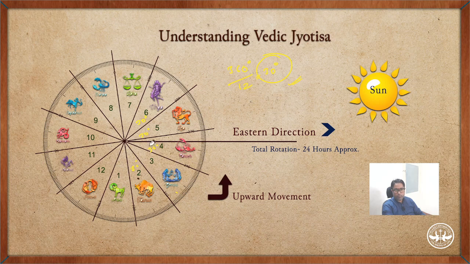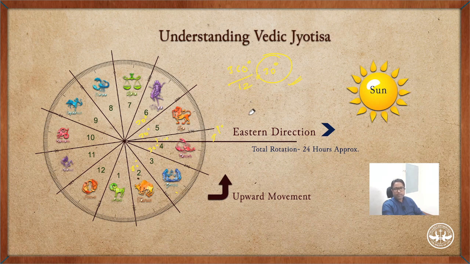The rashis keep on moving, and it is possible that it is not the total 30 degrees. Even if this particular sign has risen only 1 degree from the eastern horizon, from the line of the eastern direction, then this rashi becomes important.